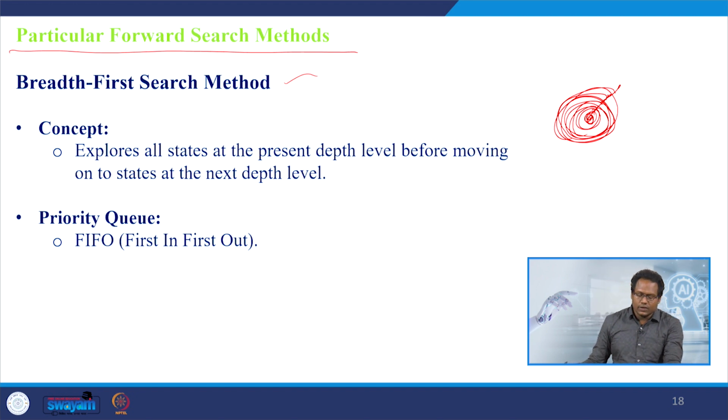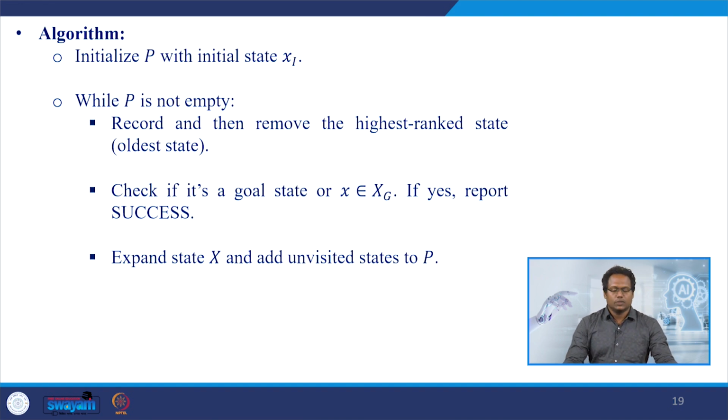So, it explores all the states at the present depth level before moving on to states at the next depth level. So, the priority queue follows this scenario, which is first in first out. So, the algorithm here is first initialize the priority vector or array P with initial state xi. While P is not empty, record and then remove the highest ranked state, which is nothing but the oldest state.